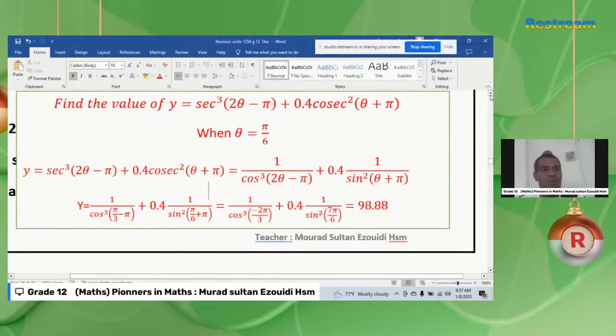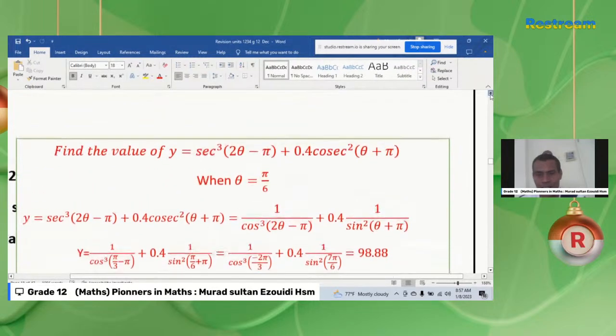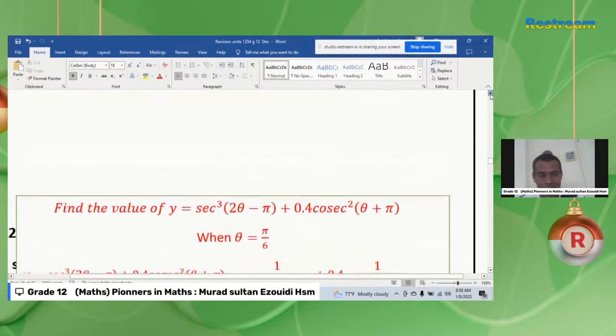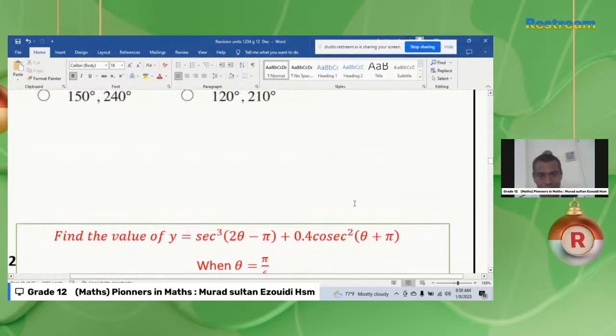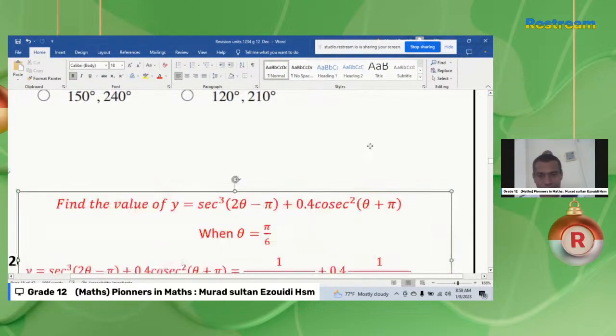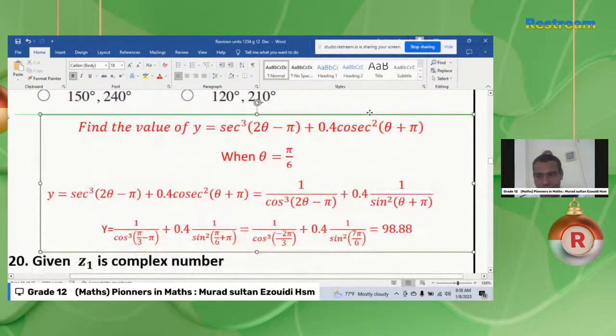Now, learners, we just explained how you can find the value of an equation, and now we move to the second question.